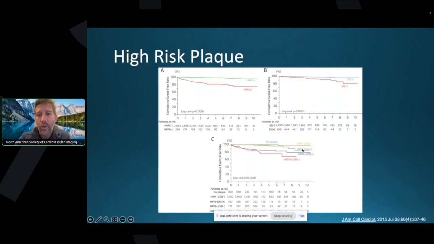When you don't have high risk plaque, but you have stenosis, say you have calcified plaque and stenosis, those patients do a little bit worse. But those patients that have high risk plaque without stenosis actually do worse than the patients that have stenosis only. And if you have both stenosis and high risk plaque, those patients fare the worst of all.